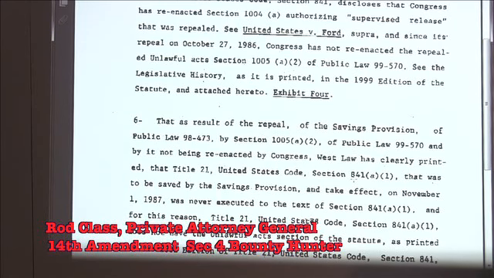Unlawful act section means it's not unlawful, of the statutes as printed in the 2002 edition of Title 21 United States Code Section 841.